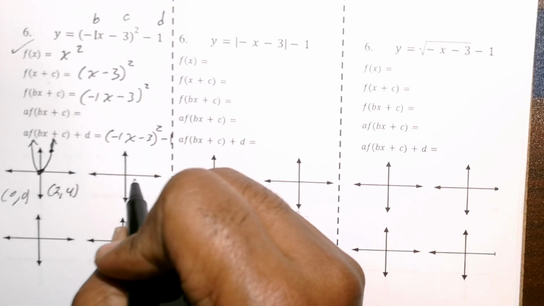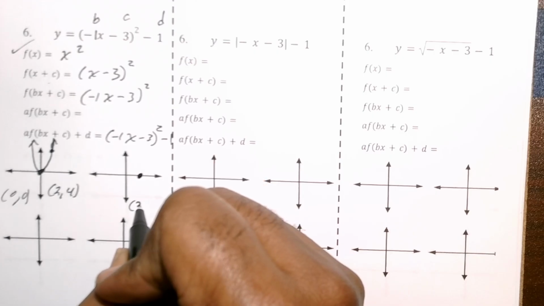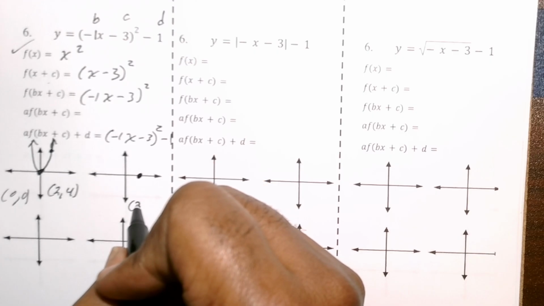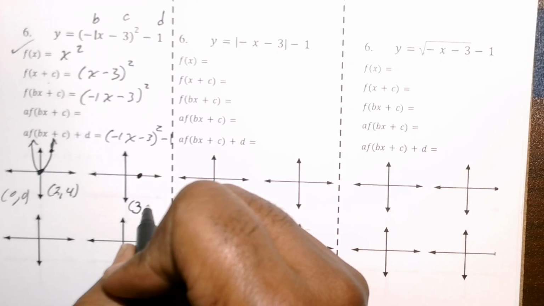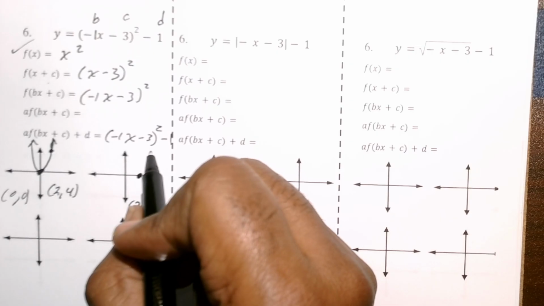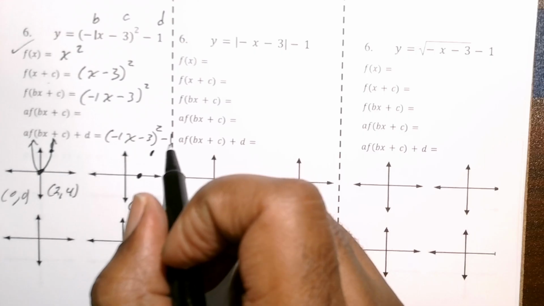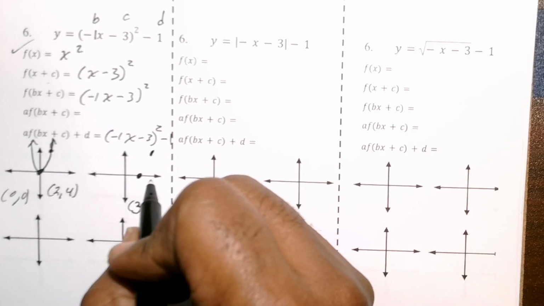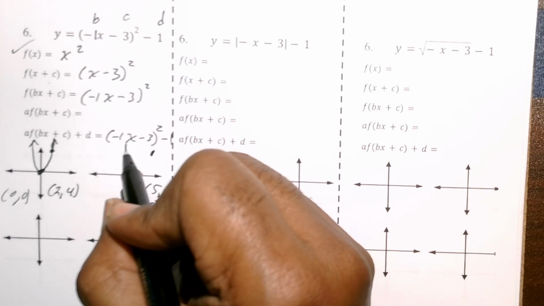So 0, 0 gets moved over here to the 3, comma, 0, okay? And the other point right here, that gets moved over to the 5, comma, 4. 5, 4. And then our orientation is here.